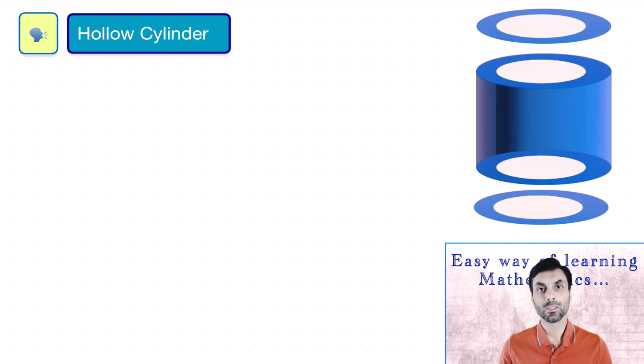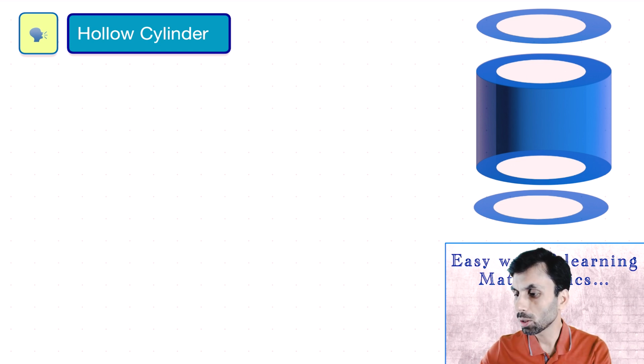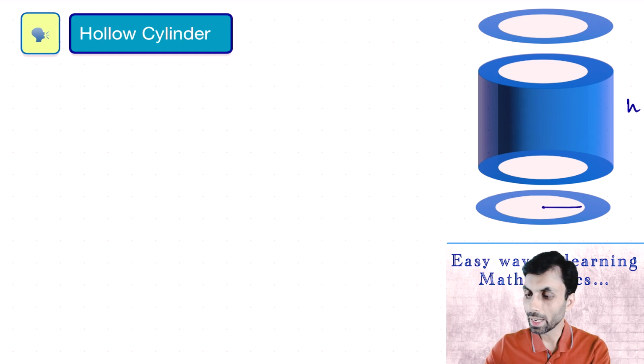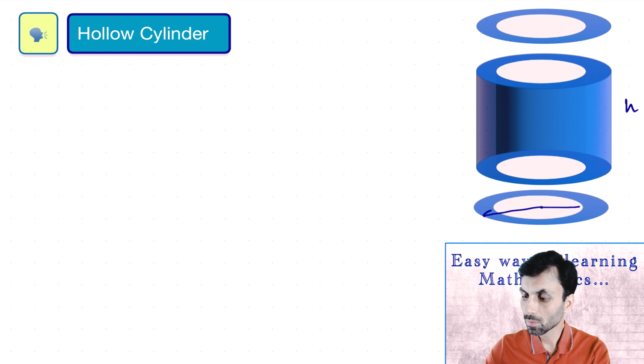Next, we'll talk about the hollow cylinder. In this case, if you take the height of the cylinder as h, and as it is a hollow cylinder, it will have two circular ends. One will be the inner and the other will be the outer.